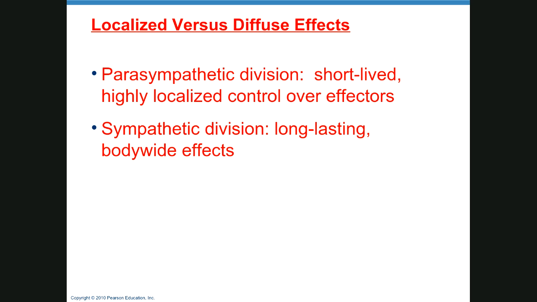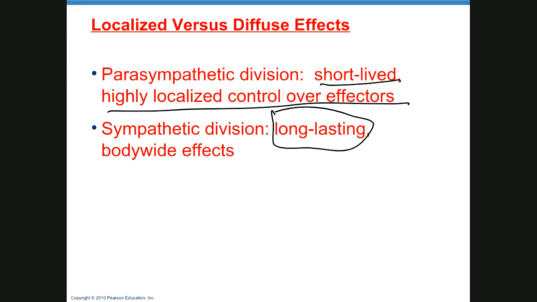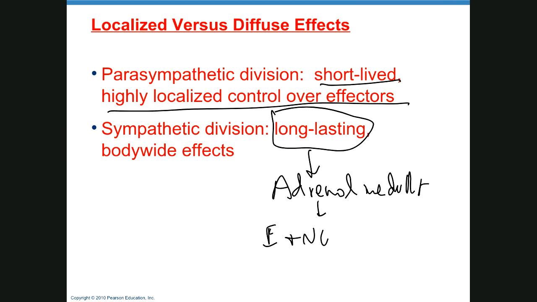Parasympathetic division is short-lived and highlights control over the effectors. Sympathetic division, on the other hand, is long-lasting, and the reason why is because sympathetic division is going to innervate the adrenal medulla, and the adrenal medulla is going to secrete epinephrine and norepinephrine hormones.